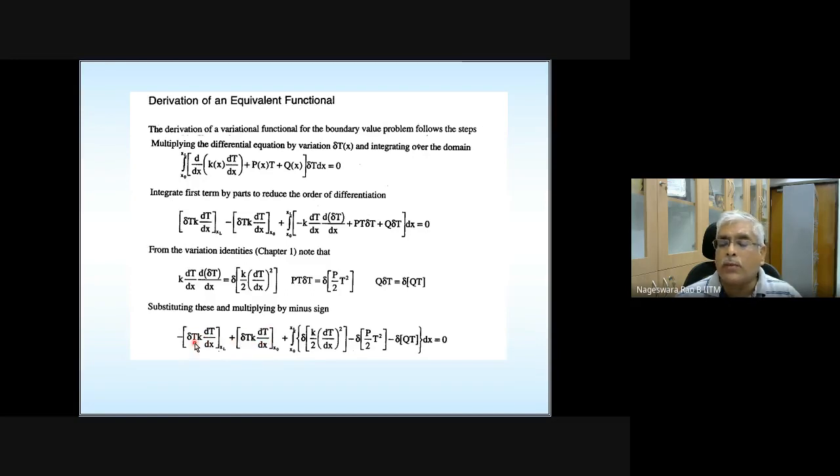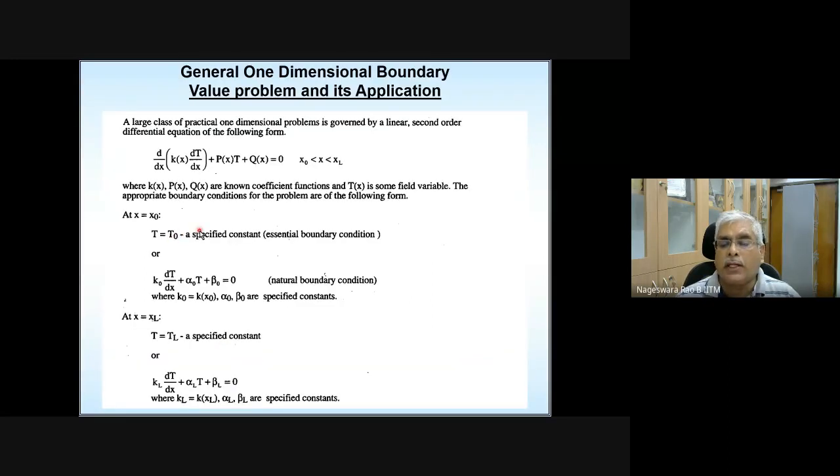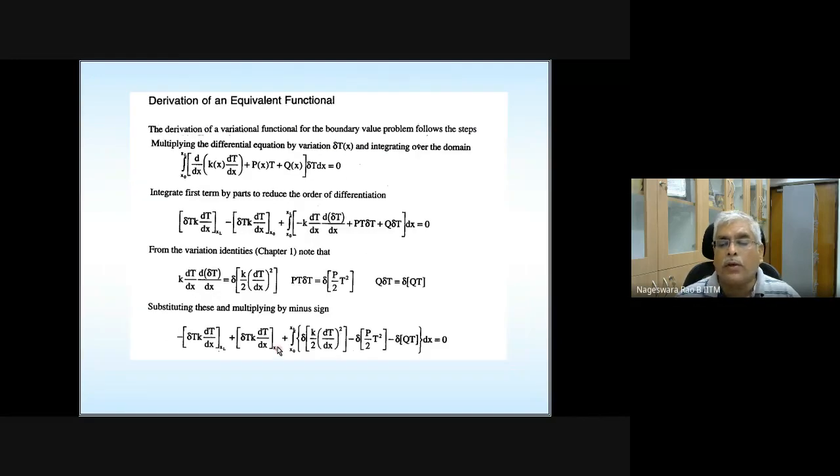So these two terms are going to drop if essential boundary conditions are specified at both ends. Instead of that, if natural boundary conditions are specified, we need to substitute those natural boundary conditions here.